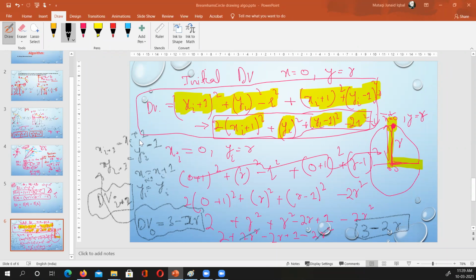Because x increments in both cases, we can calculate a similar formula for x, but for y we need to change, because for P2 y will become y minus 1, and for P1 y stays as y of I only. We know that, right? So with that, I end today, and see you tomorrow with the derivation of dv of I plus 1.